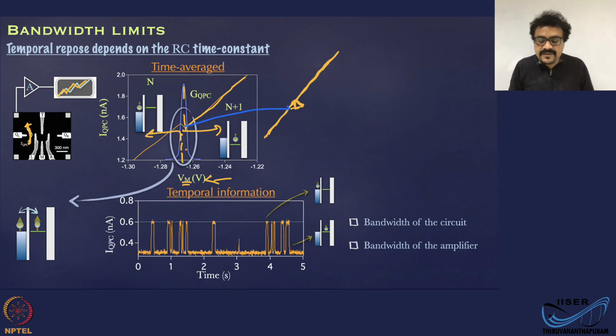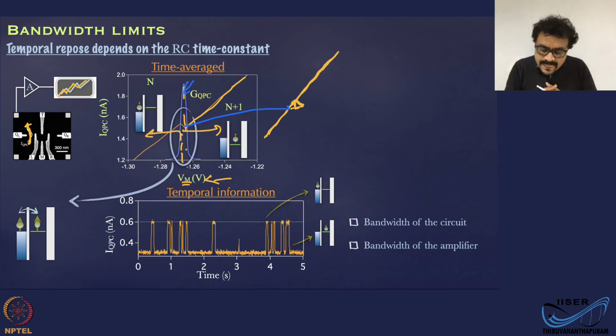That reduction in the current is because of the electron tunneling event. When the electron is inside, the current is lower. When the electron is outside, the current is higher. That is why it's interesting to look at the derivative of this curve rather than the bump. The derivative will give you a clear picture, which will give you a peak.